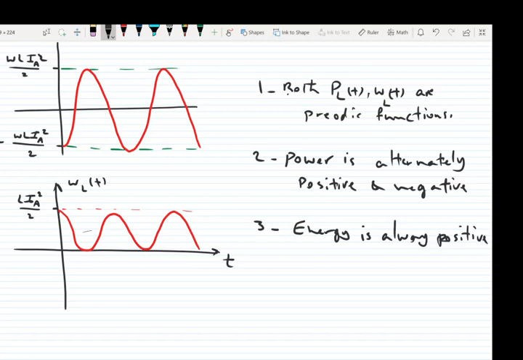Because omega L is positive, the inductor does not deliver net energy to the rest of the circuit. So we can say that the inductor does not dissipate energy.